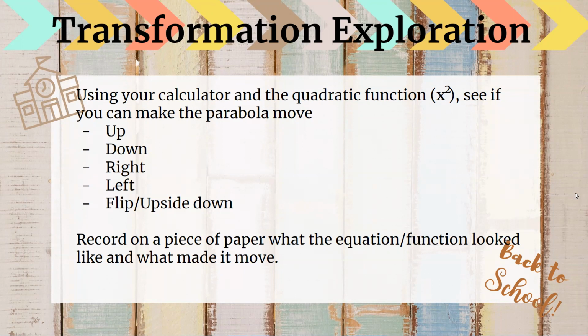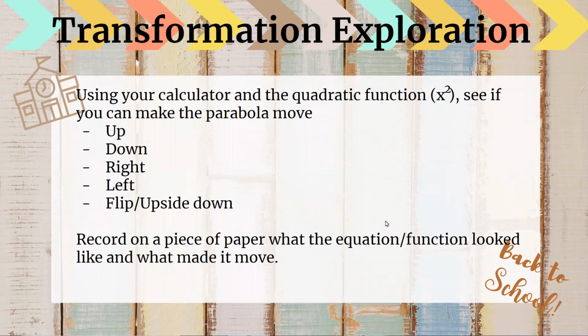Using your calculator, I want you to use this quadratic function, x squared. We know that the quadratic function x squared starts in the middle and is shaped like a U. Today, we're going to be talking about transformations and how things move. So I want to see if you can make it move up, down, right, left, or flip it upside down by adding or subtracting numbers, or by putting negatives in different places.